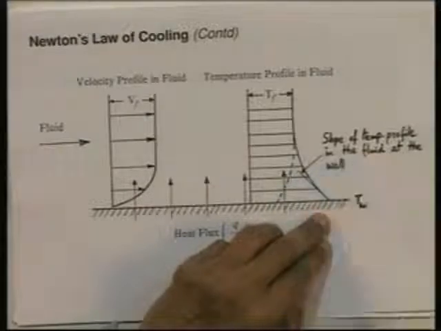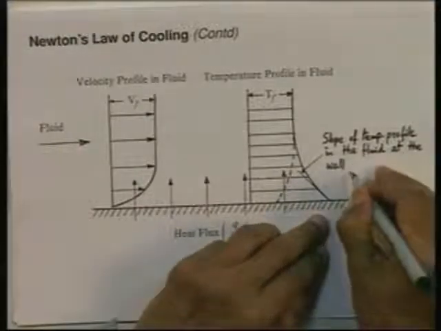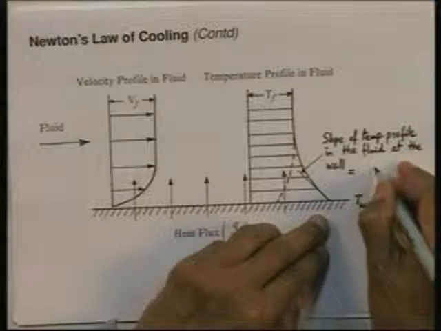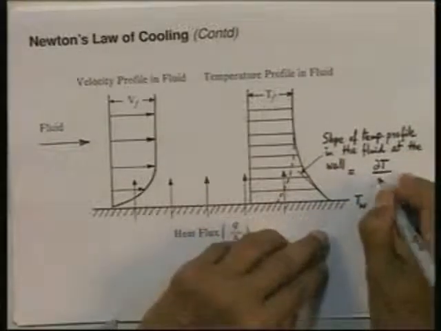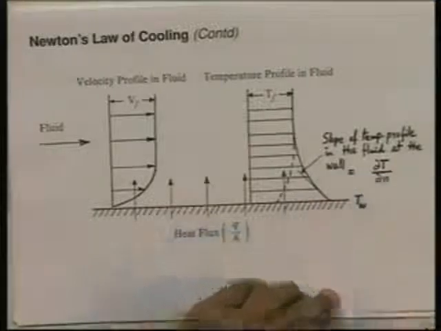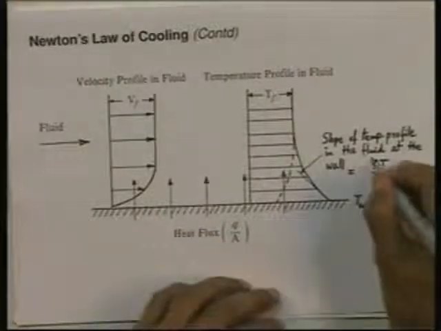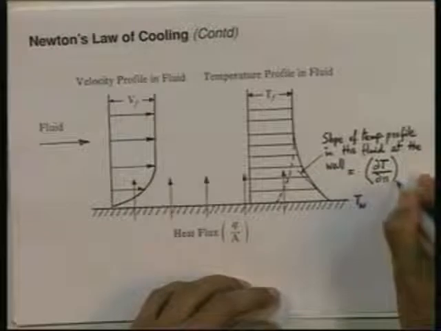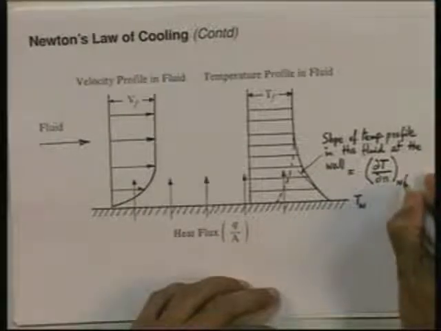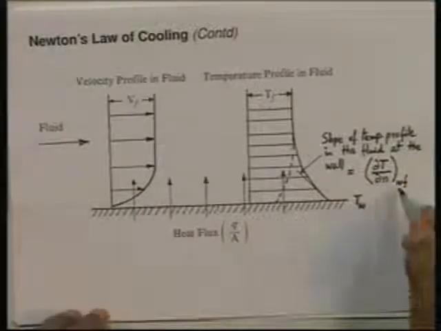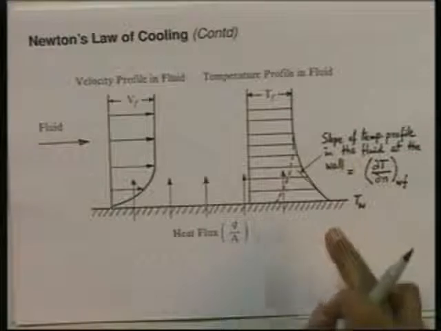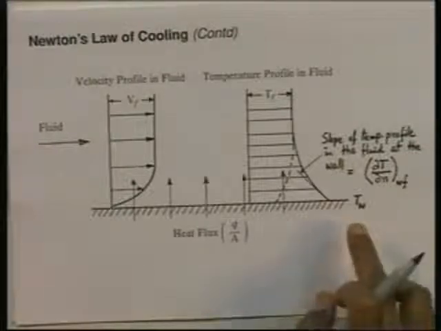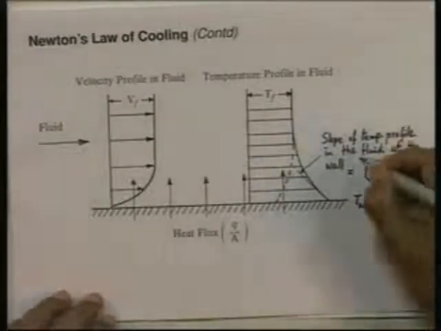That is what we have got here, and we can symbolically write it as dT/dn, where n is the normal direction to the wall, in brackets, at the wall, subscript w,f. W stands for the wall and f stands for the gradient in the fluid. So, (dT/dn)w,f would be the slope of the temperature profile in the fluid at the wall.